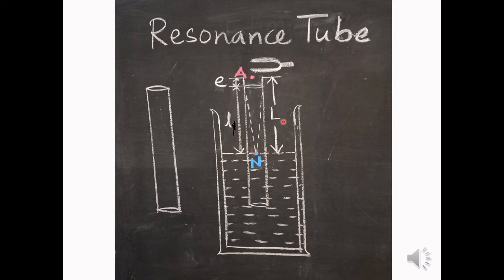Now starting from the small length of this pipe or the air column, if its length is gradually increased by raising the resonance tube, a stage is reached when the natural frequency of vibration of the air column becomes exactly equal to the frequency of vibration of the tuning fork.